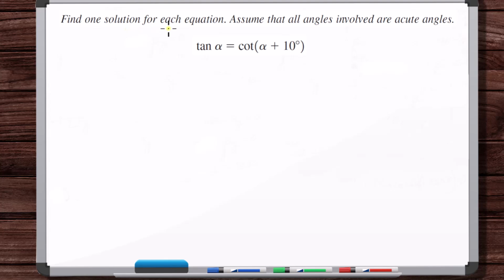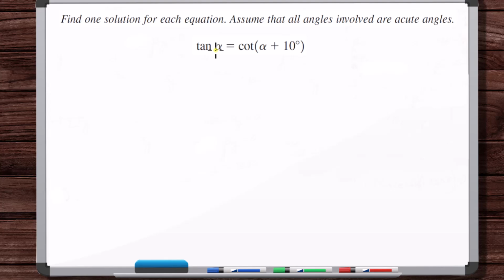Find one solution for each equation. Assume that all angles involved are acute angles. They're saying one solution because when you think about coterminal angles, you could potentially find more than one solution. So they're wanting us to focus on one solution, and we're going to do this with the cofunction identities. So we know that this is a cofunction pair.